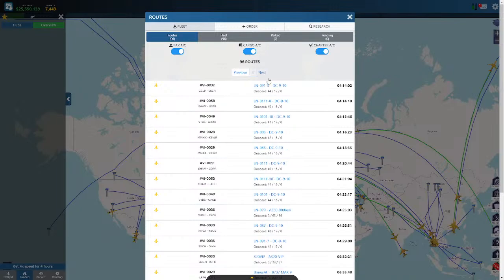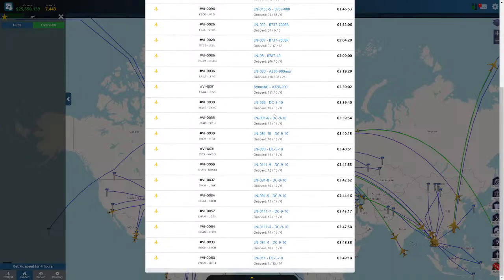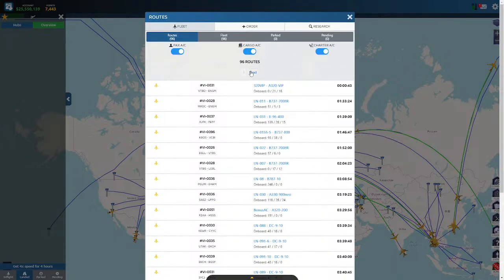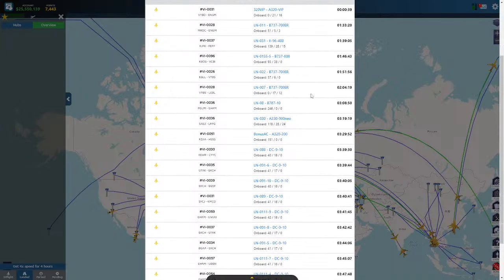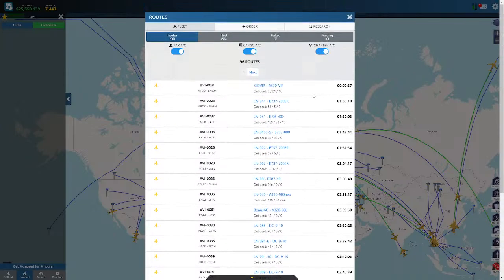So let's see here, where was it? Here, 349. These will not be included. This one will maybe not, but this one will. So 19 there. Well, it's only 19. 19 more planes.